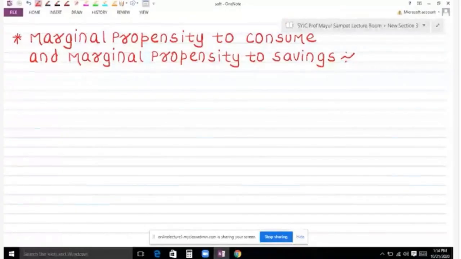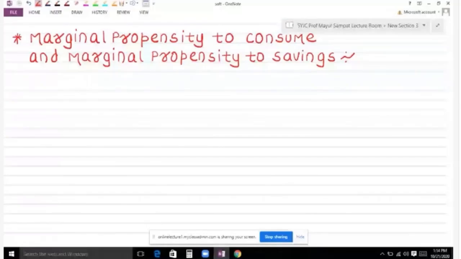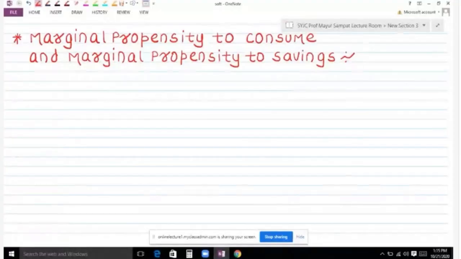So on that basis, how proportionately should the person utilize the income for expenditure and for savings, that we are going to learn from this new application, marginal propensity to consume and marginal propensity to savings. बरोबर?